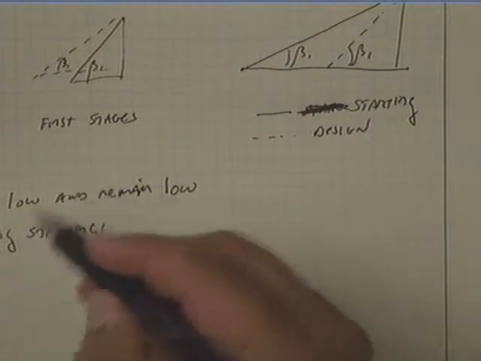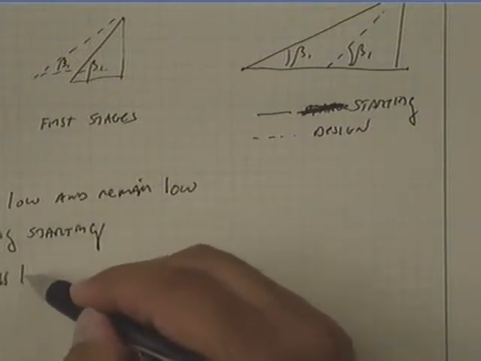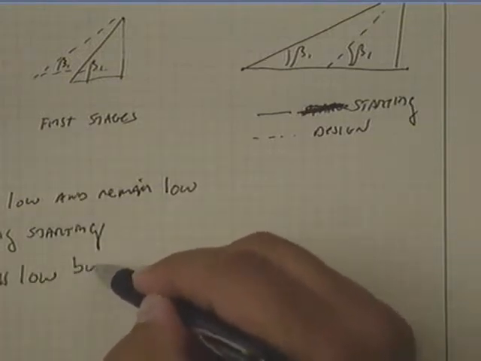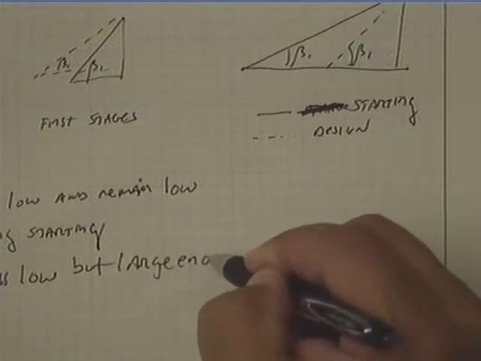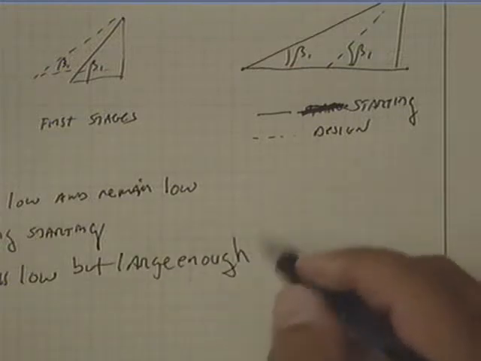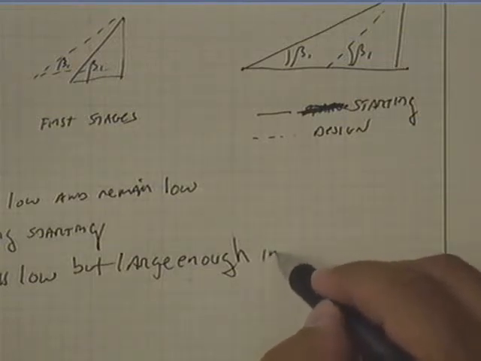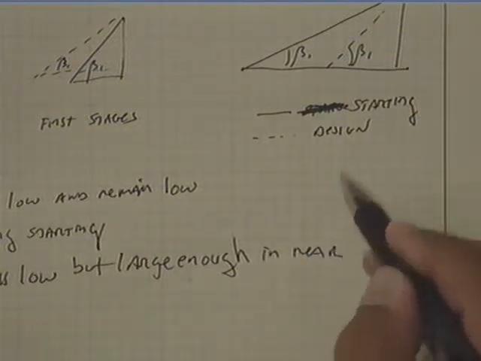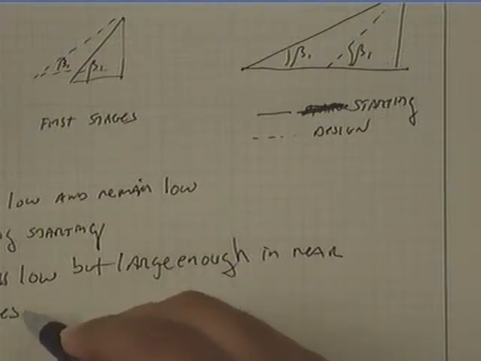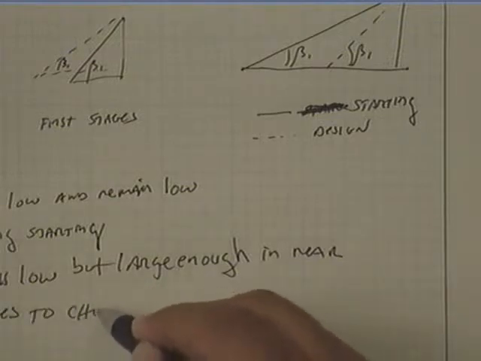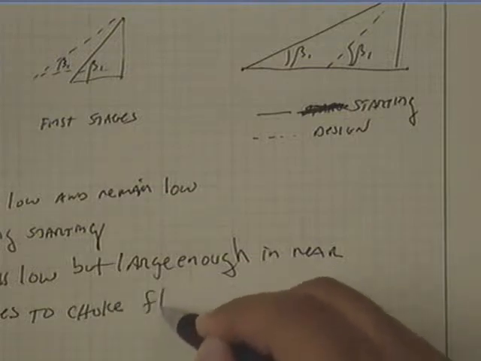CZ is low, but large enough in the rear stages to choke flow.